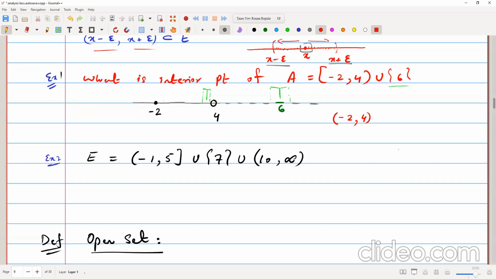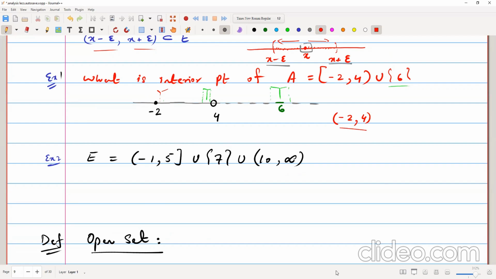Because being inside this open interval, we can find room to breathe. So we can easily stand inside this interval. And this 6 is not an interior point, because we cannot stand on 6 and find a neighborhood. If we stand on 6, we cannot find any neighborhood beside the element 6. So this is not an interior point of the set.